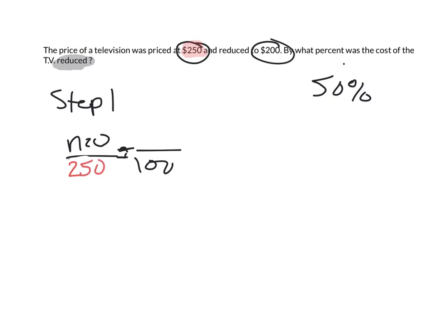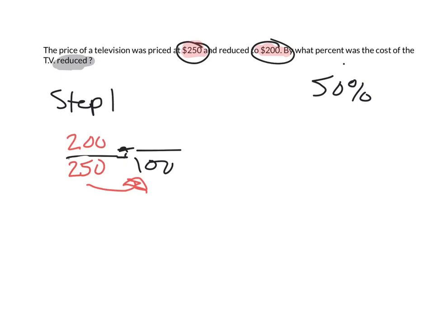Okay, the new is 200. So different this time because the number on top is going to be smaller than the number on bottom. And that's okay, because it still works. Okay. So I need to figure out now, what do I multiply 250 by or divide by to give me 100?